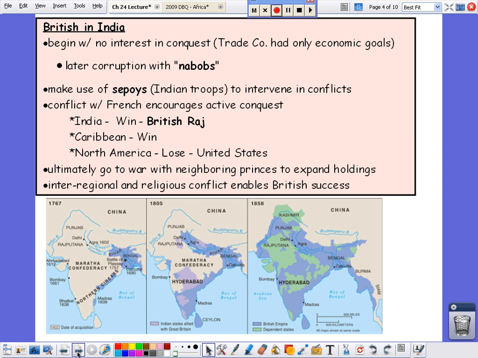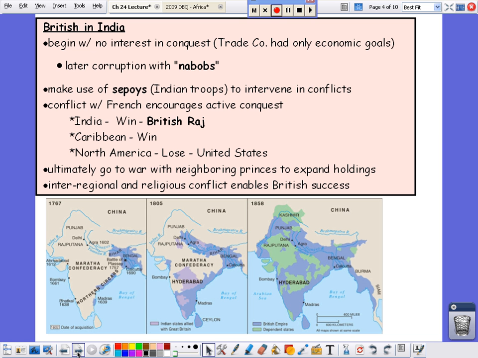Same plan. Intercede in local conflicts, and then once you've found this recipe of local mercenaries, local alliances, just get the ball rolling. And eventually, you'll own or influence the entire subcontinent of India.